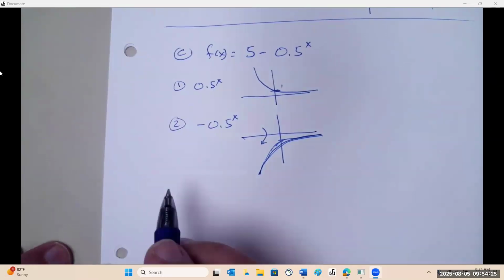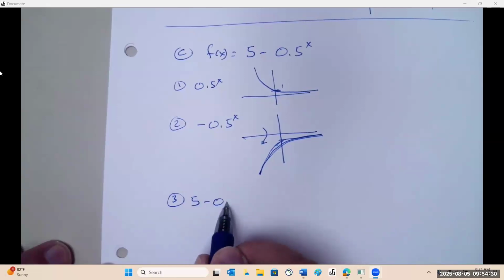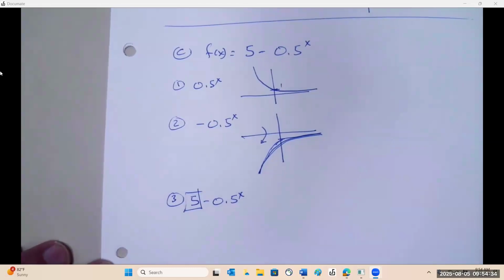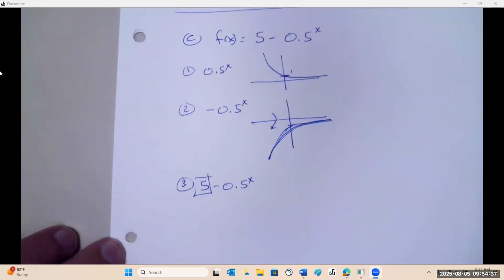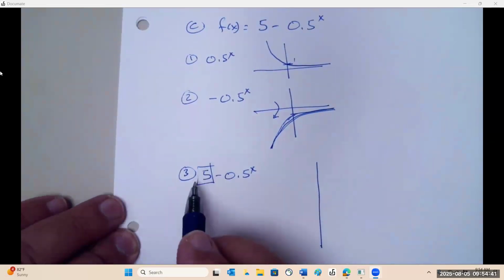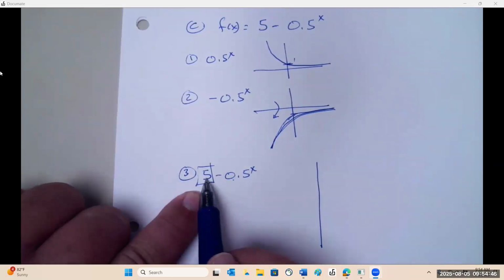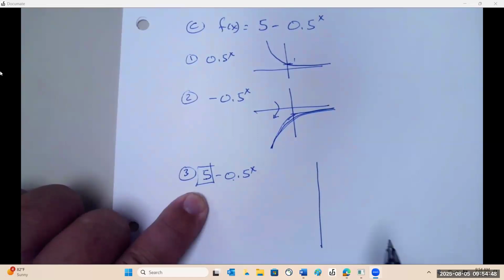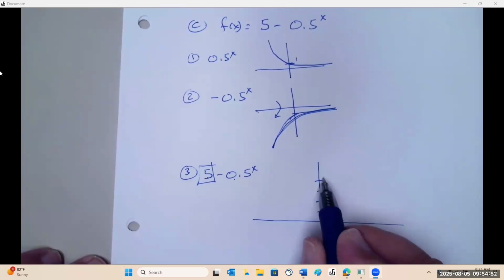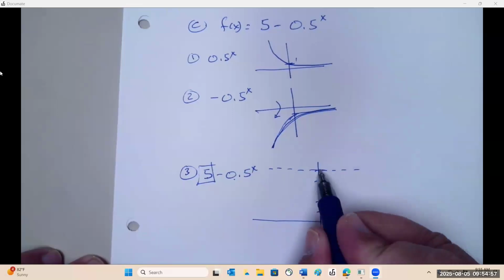And then what? What does this number do? It's a vertical shift. It's a constant. It's outside of that. So we go up 5 spaces. So my new origin is at 0, 5.